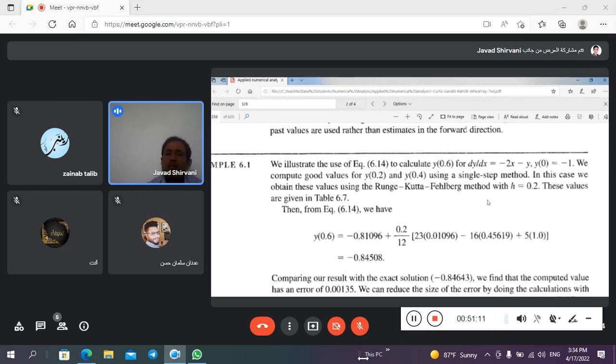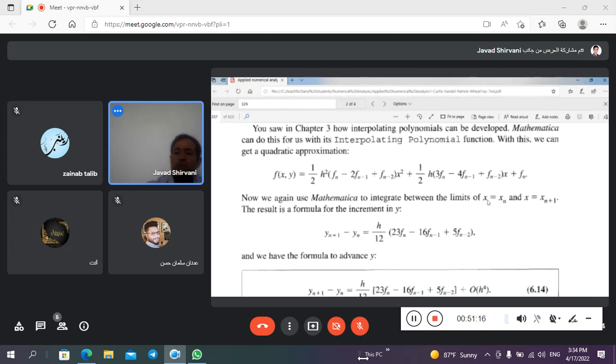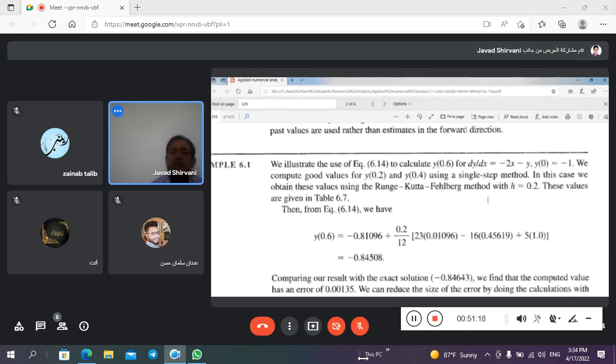We can use equation 6.14 in this box in this example, for the differential equation dy divided by dx equals minus 2x minus y with this initial condition, and compute the values for y at the points 0.2 and 0.4 by using a single step method.